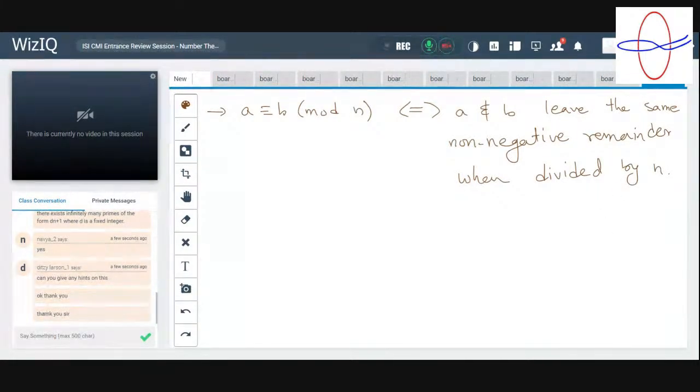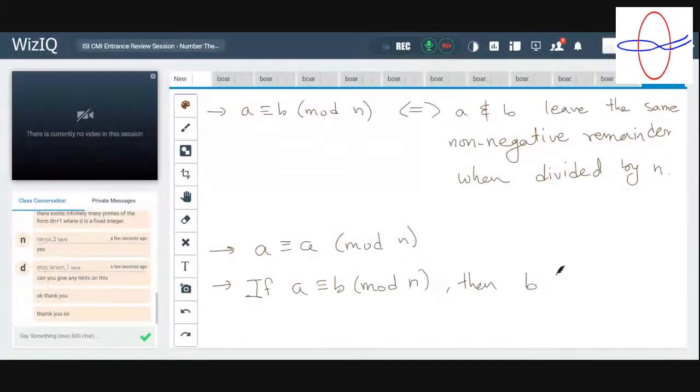Now, what are some good properties that are not immediately obvious? a is always congruent to itself. And this is an equivalence relation as a matter of fact. So this is reflexive. It is also symmetric. So if a is congruent to b, then b is also congruent to a.